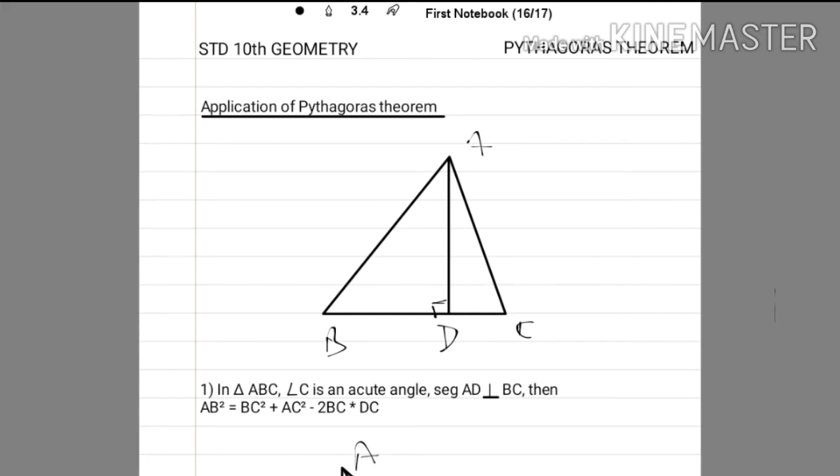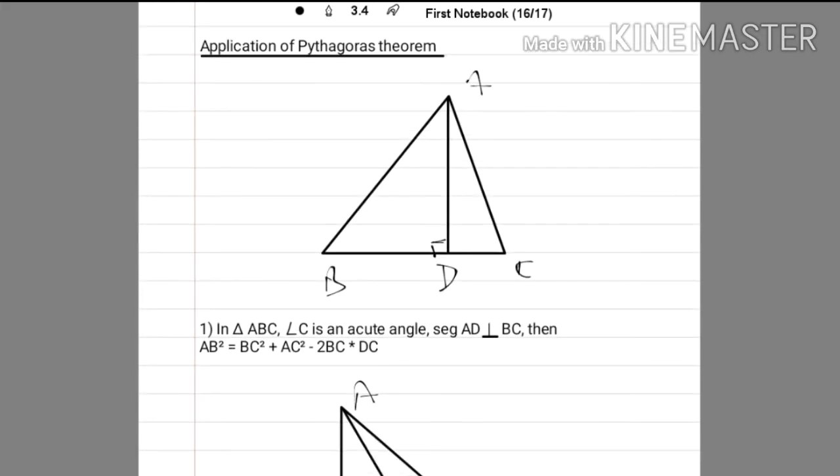So let's see the first case, that is the acute angle triangle case. So they have given this triangle, that is triangle ABC. In this, let me select the highlighter, and this is the triangle ABC, and in that angle C is an acute angle, so that means it is less than 90 degree.